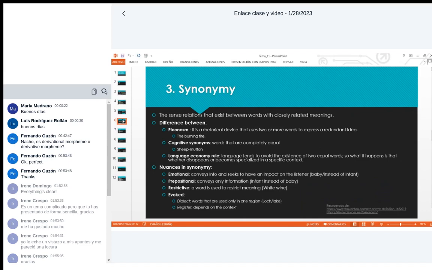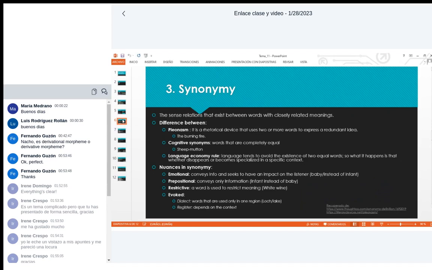The language economy rule is very interesting because it refers to the fact that languages try to be as efficient as possible, and so to use one word to identify one concept, and so to avoid having two words to refer to the same thing. When there are two words referring to the same thing, there is an effect in language that tries to eliminate one of them.